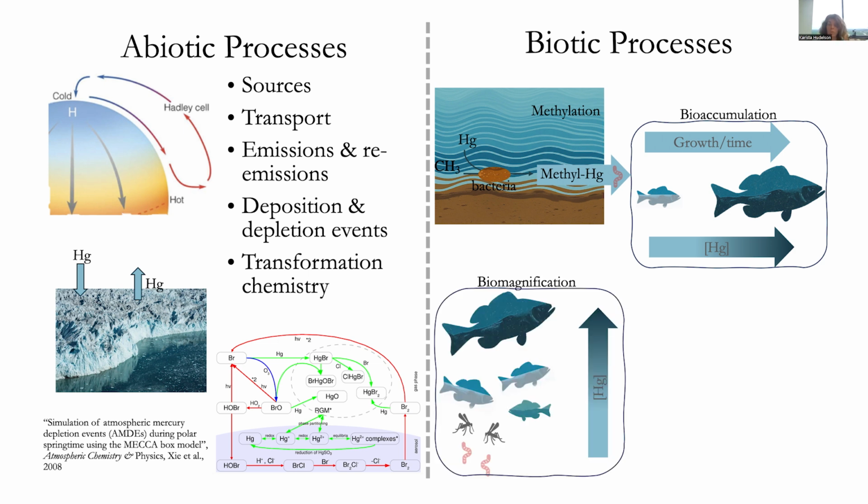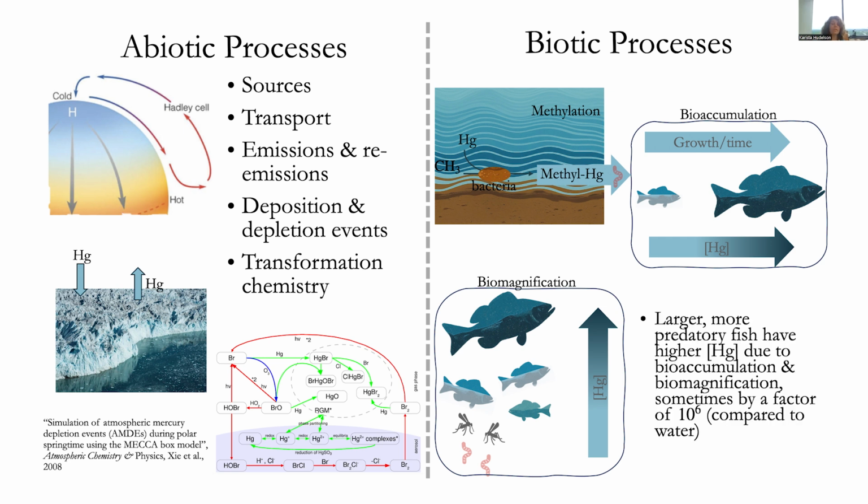And then we have biomagnification, which is the phenomenon of mercury being in very high concentrations in our predators, especially our apex predators, relative to their prey items. So we see the apex predators tending to have the highest concentrations of mercury due to bioaccumulation and biomagnification.